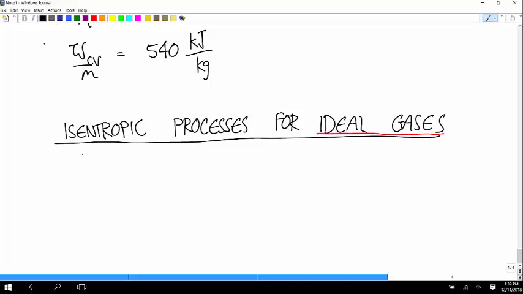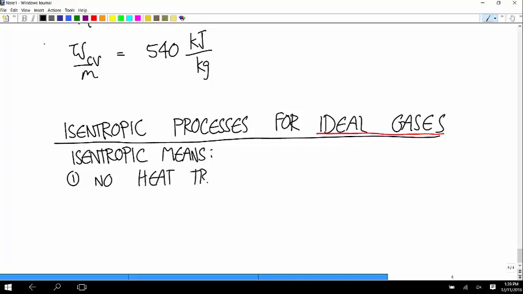Okay, what does isentropic mean? It means first, no heat transfer to or from the system.